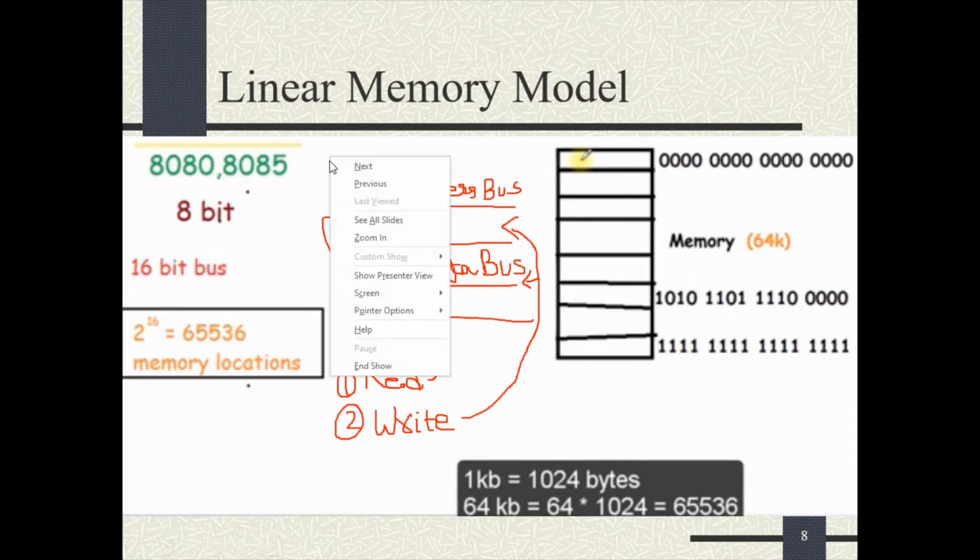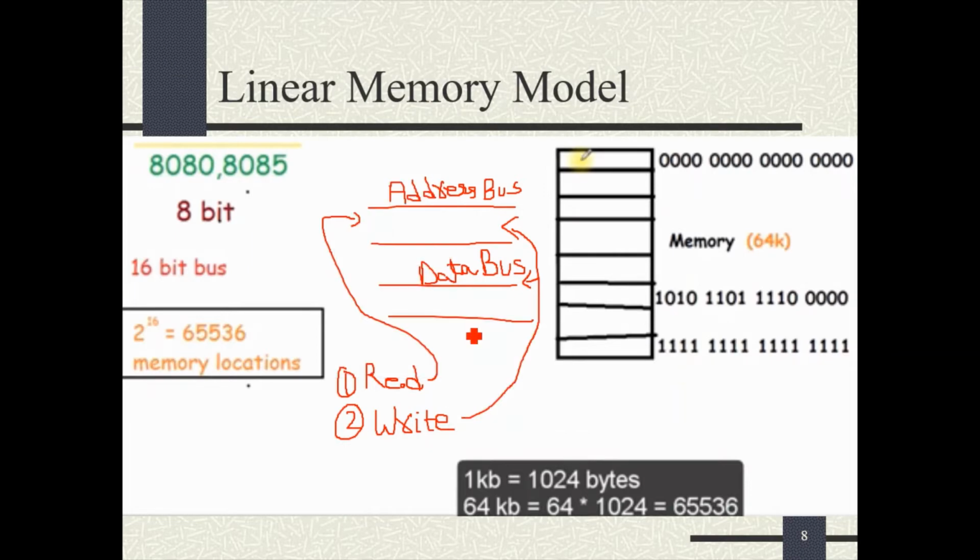The address bus here is of size 16-bit. So the maximum location or maximum address the processor can access from the memory is when all 16 bits are set to 1. If I describe this in hexadecimal, we know that 1 hex digit is equivalent to 4 binary digits.